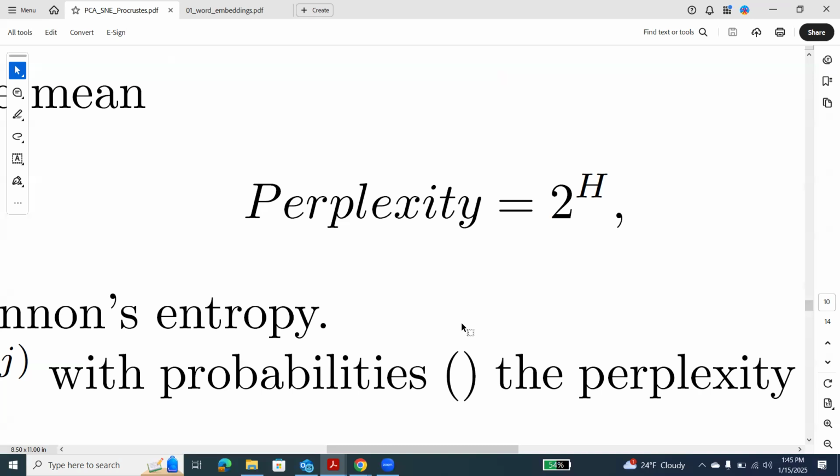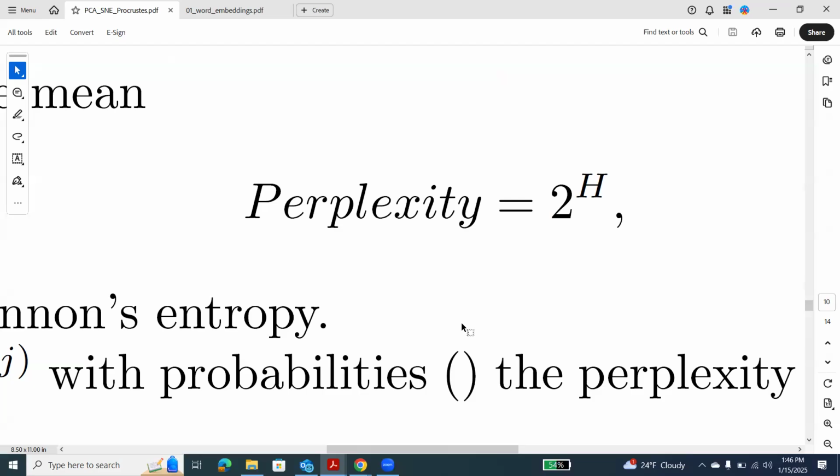We sum over k, so it will be just negative log of 1 over k.